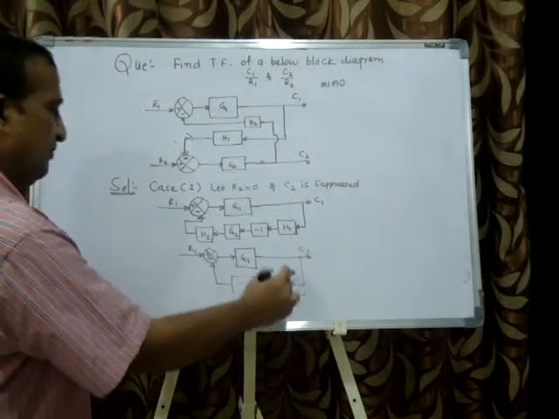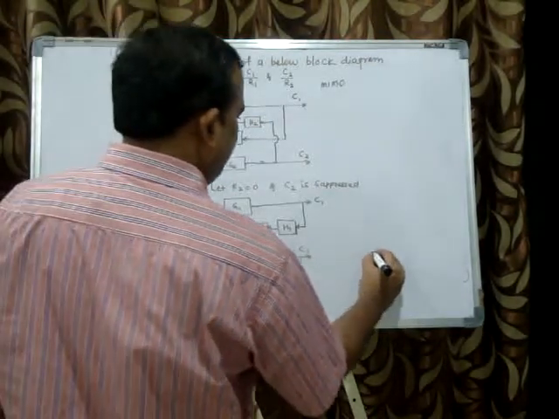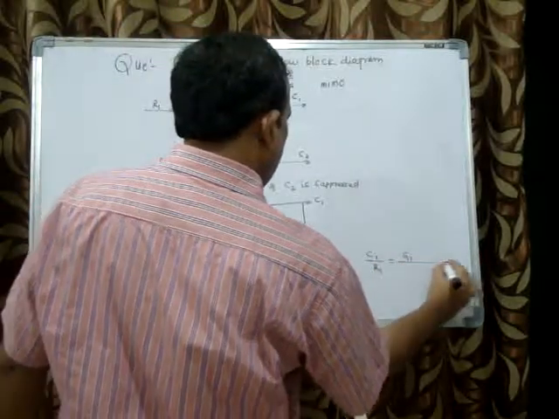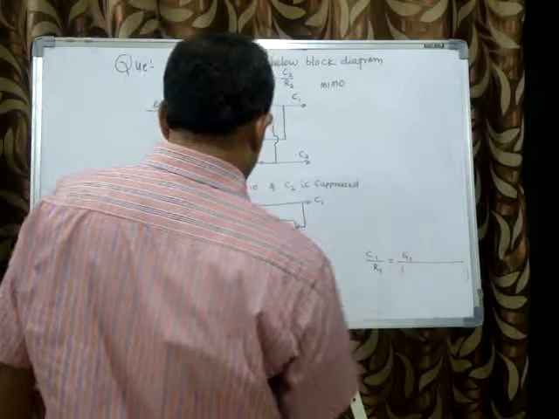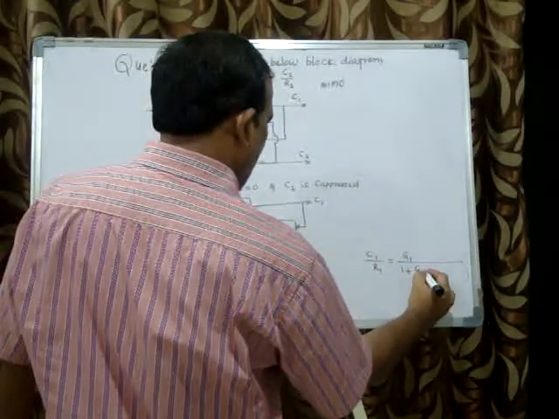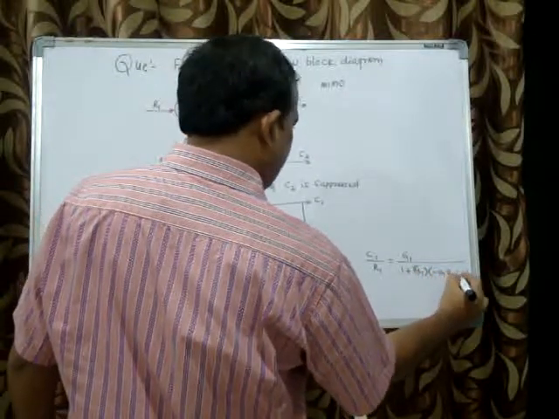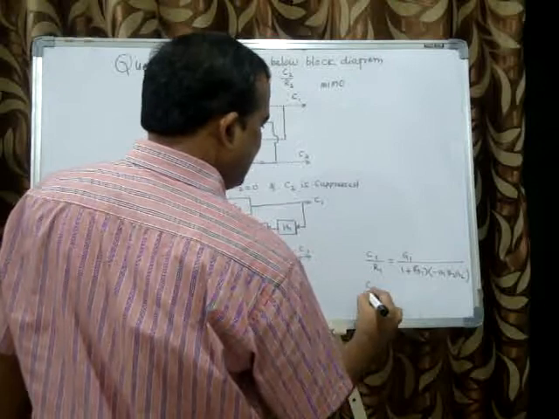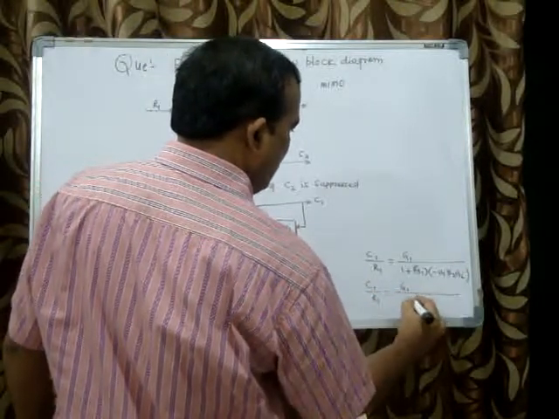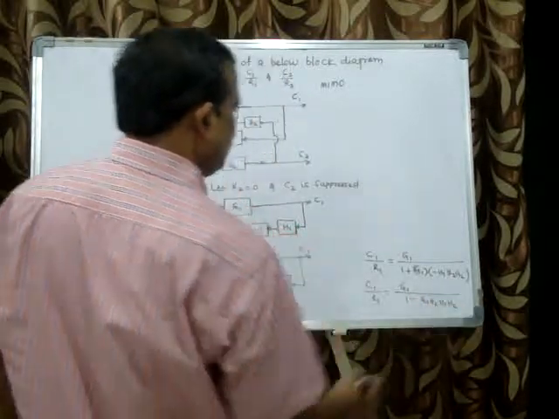Then it is a minor feedback loop, so C1 by R1 equals G1 by 1, here minus is there, plus feed forward element into feedback element. So finally C1 by R1 equals G1 by 1 minus G1 G2 H1 H2.